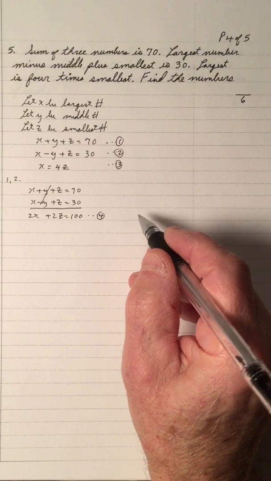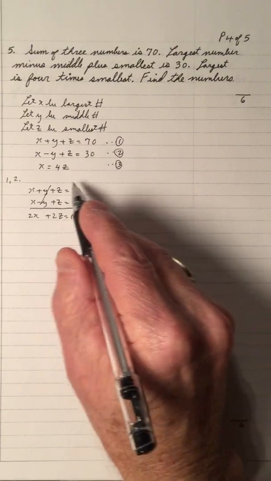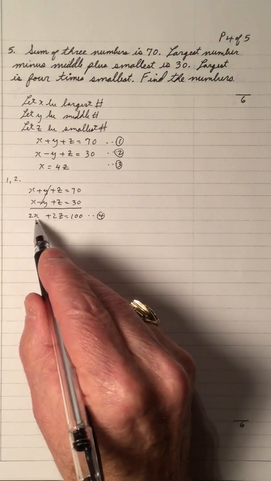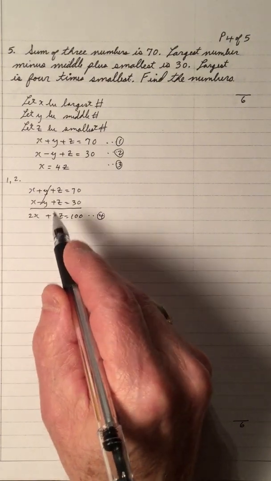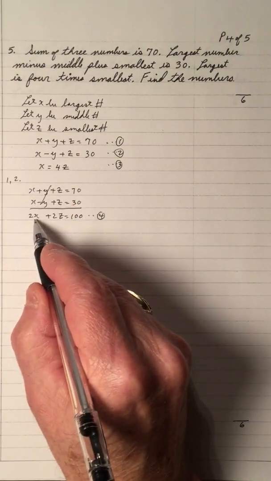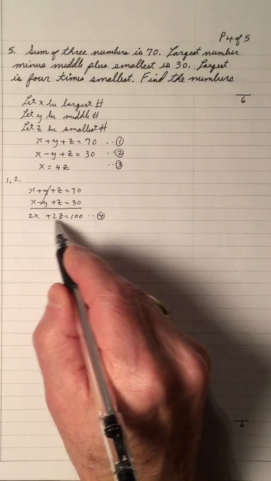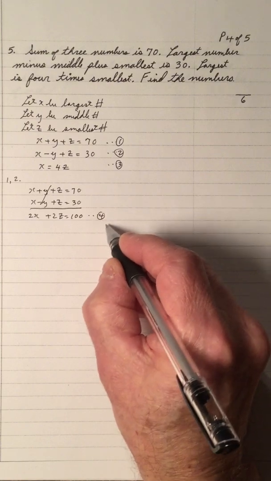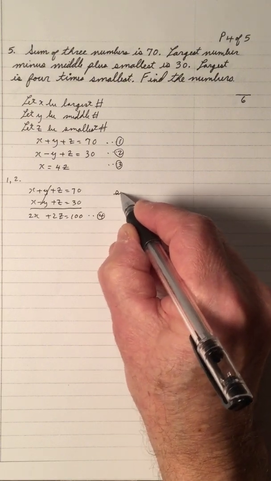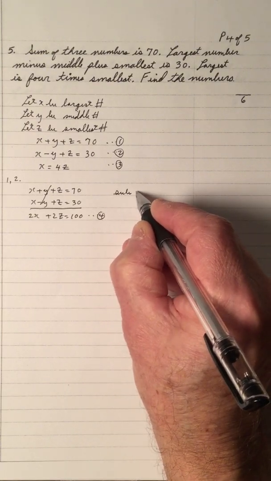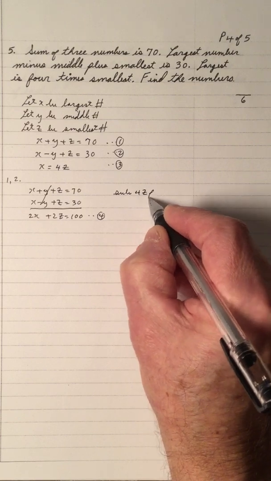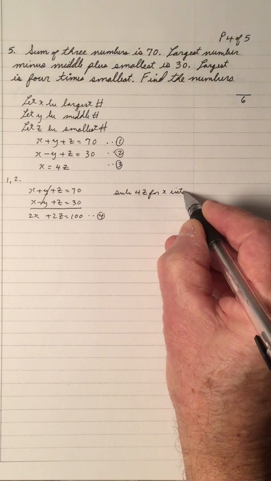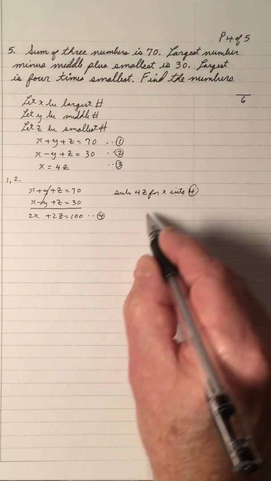But you notice that x equals 4z. So this is the equation with x and z. If I replace x with 4z, this equation will have all z's that I'm able to solve for. So I'm going to sub 4z into number 4.